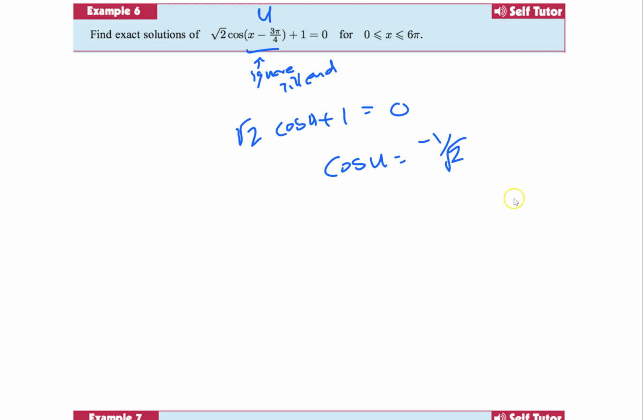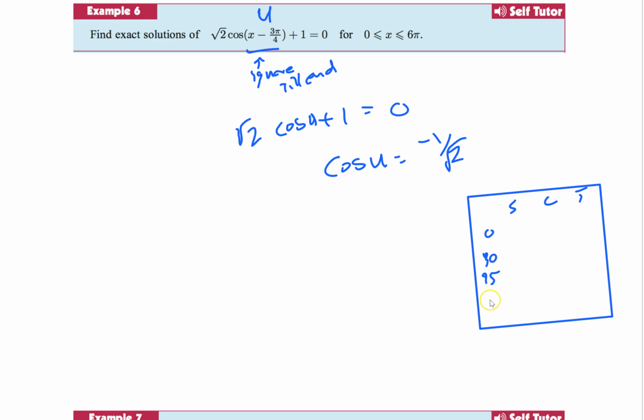Again, if I'm going to solve that, you can do it any way you want. Let's do a little chart real quick, because that's the way I'm trying to get most people to do it. 0, 30, 45, 60, 90, and the cosine values: 0, 1/2, rad 2 over 2, rad 3 over 2 and 1. You just flip it.